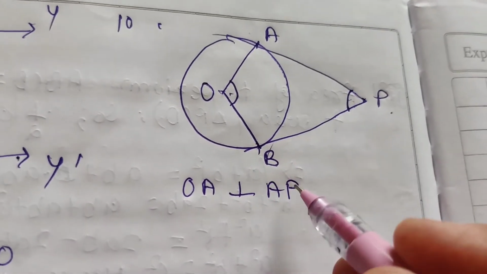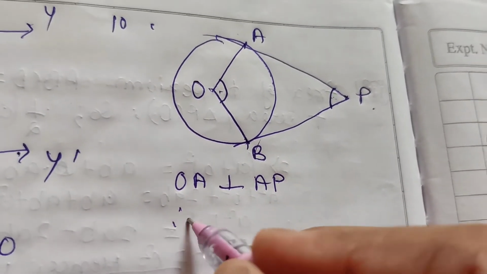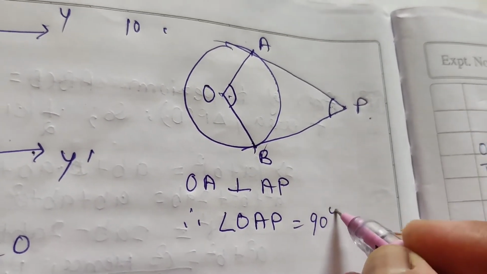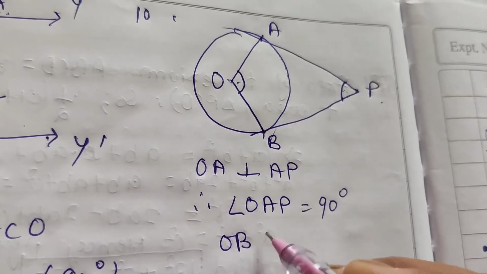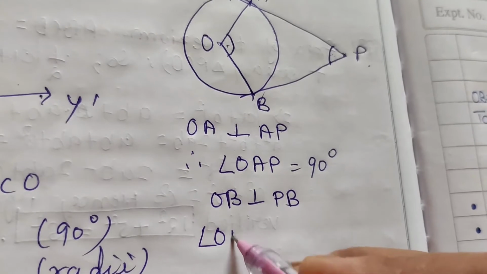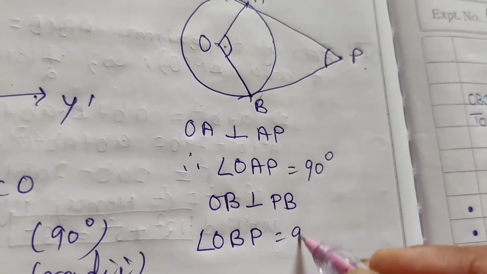OA is perpendicular to AP, therefore angle OAP equals 90 degrees. And OB is perpendicular to PB, so angle OBP equals 90 degrees.